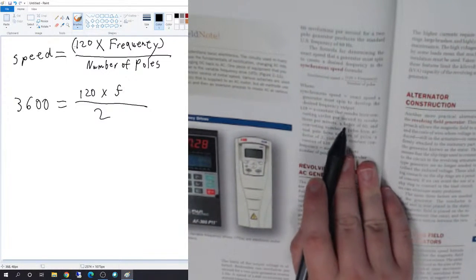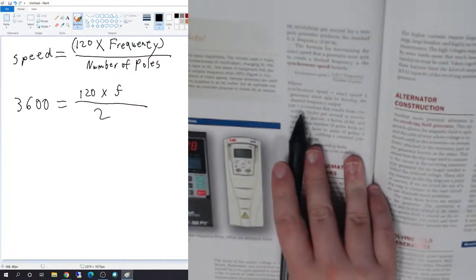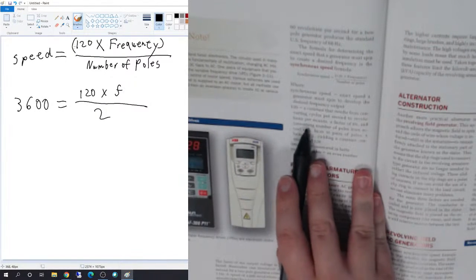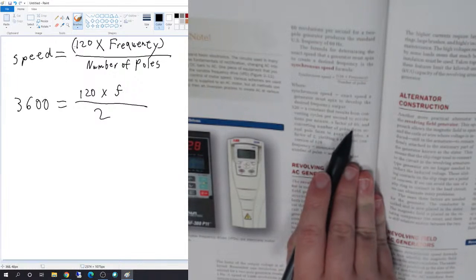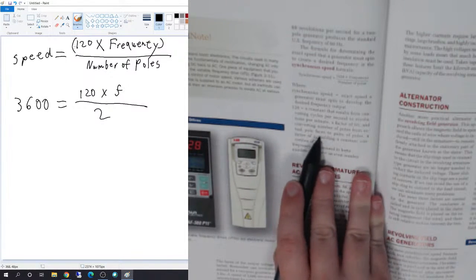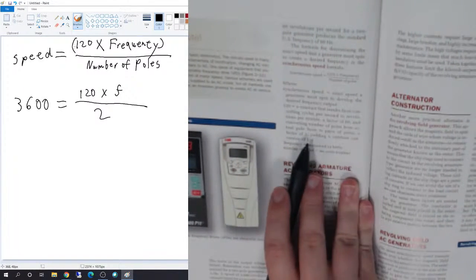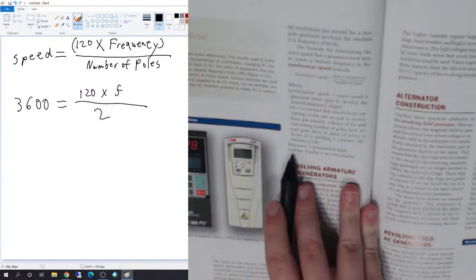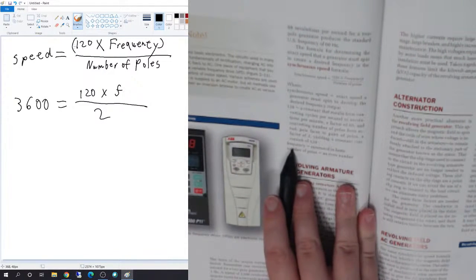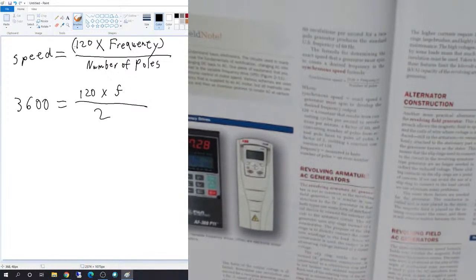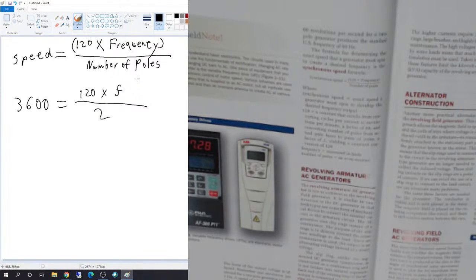We were given the speed, so we're going to work backwards from there. 120 is a constant that results from converting cycles per second to revolutions per minute, a factor of 60, and converting the number of poles from actual pole faces to pairs of poles, a factor of 2, yielding a constant conversion of 120. Frequency is measured in hertz, and number of poles will be an even number. So 2, 4, 6, 8, something along those lines.